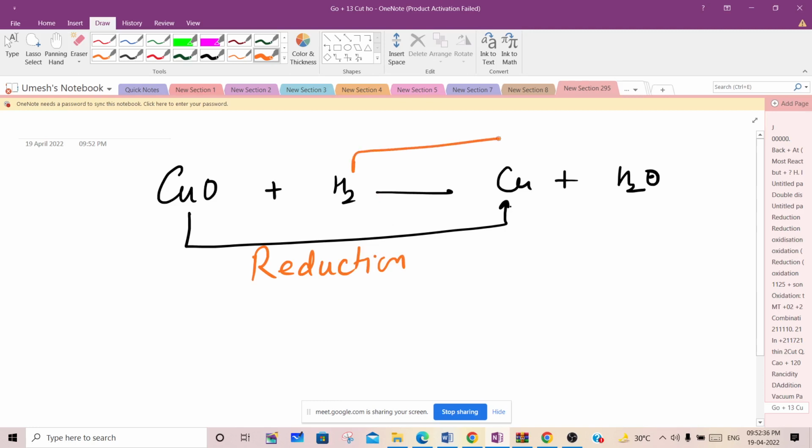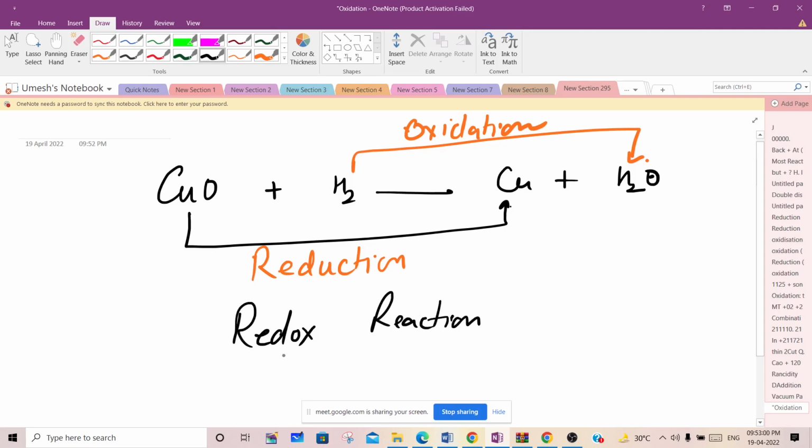And what is happening with the hydrogen? Sir, it is gaining oxygen, so oxidation. And the reaction in which one substance is oxidized and the other substance is reduced is called a redox reaction.